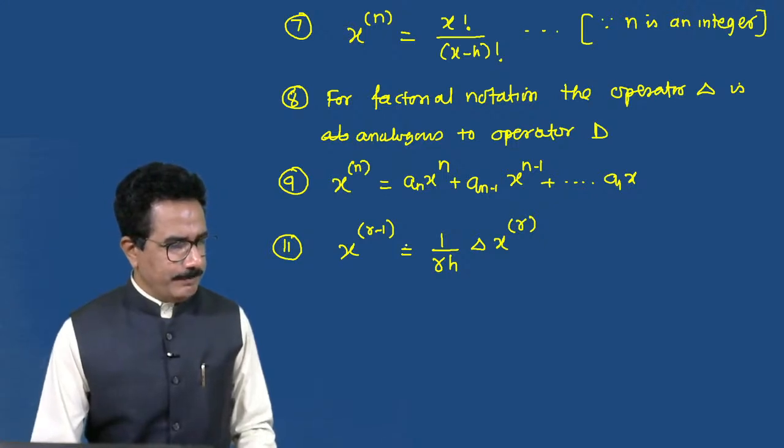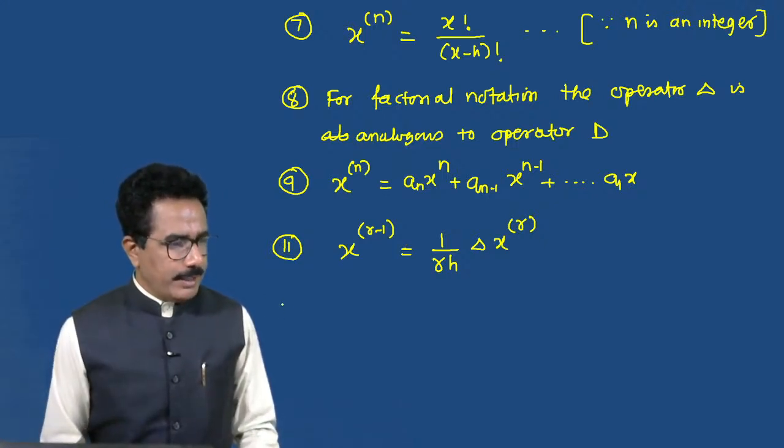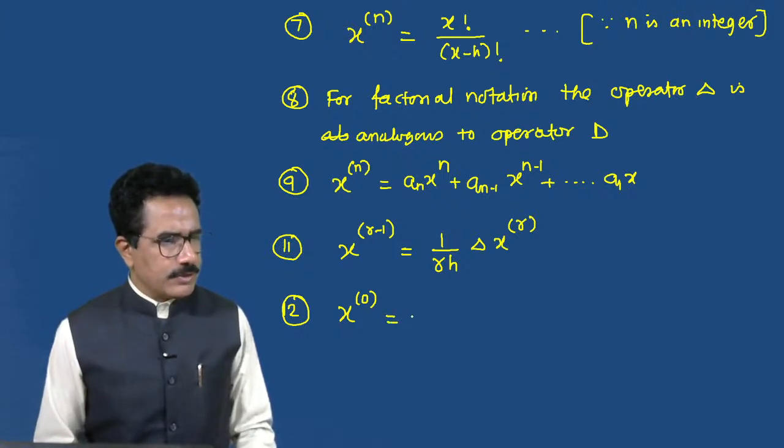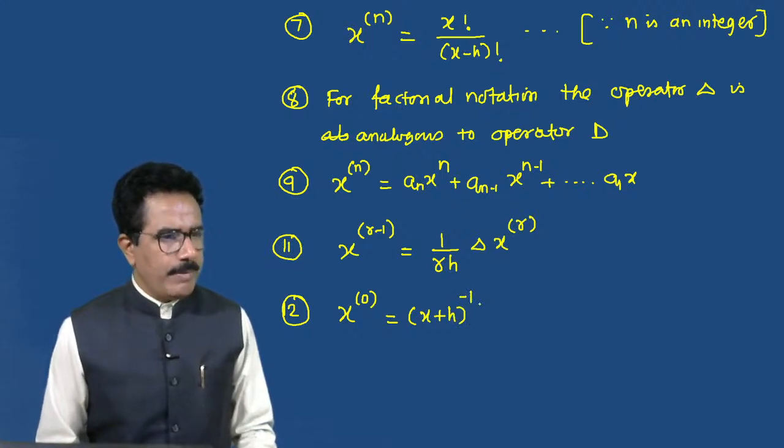बाकीचं ठीक आहे. 11 नंबर, 12 नंबरचं लक्षात घ्या. x to the power 0 factorial that can be also written as x plus h raised to minus 1 into x.